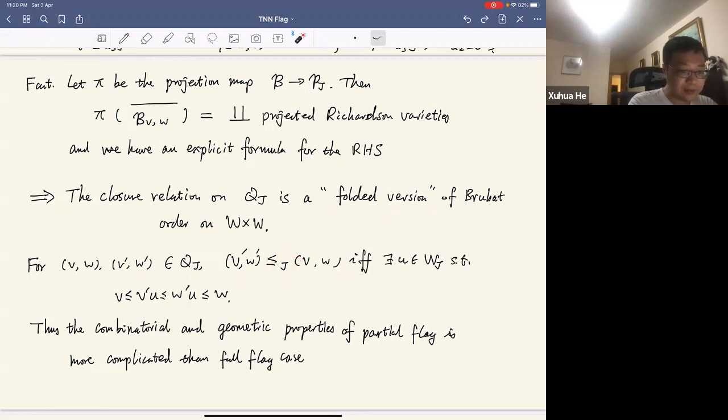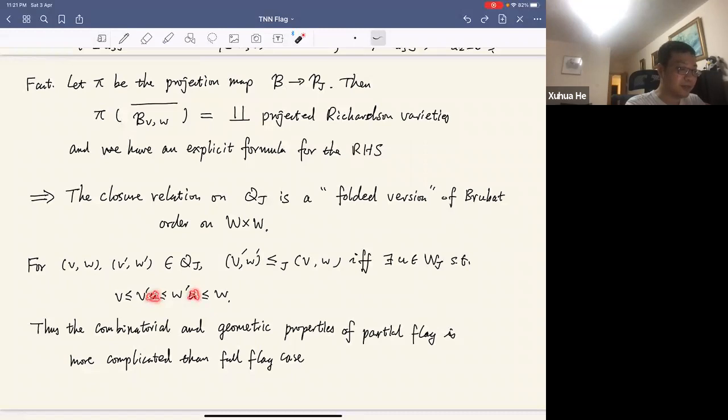if and only if we can find an element U in this W lower J such that we have this V and W, but here in the middle, we have to multiply V prime and W prime by the U at the same time. I would say that in the case where J is empty, which is the full flag case, then this U must be 1, and there's no U here.